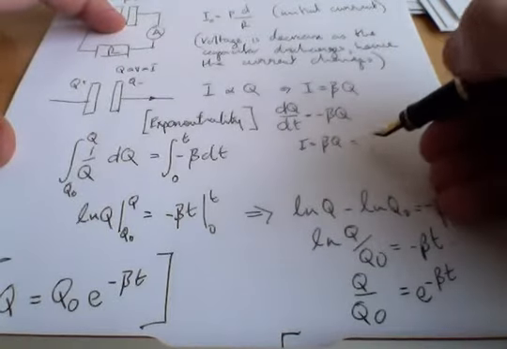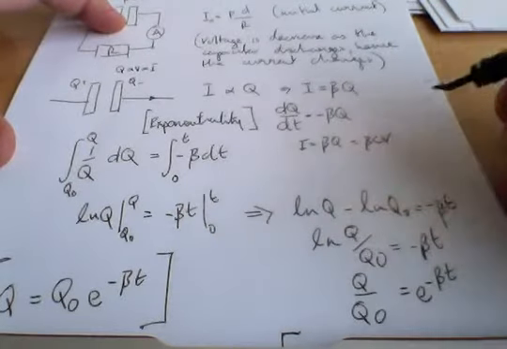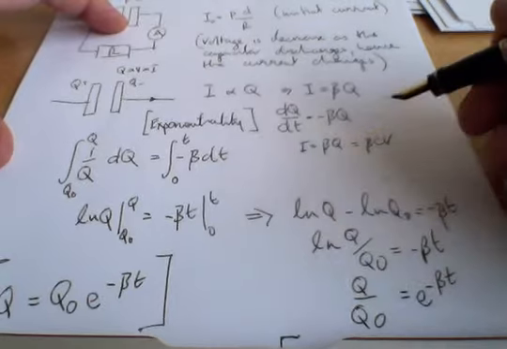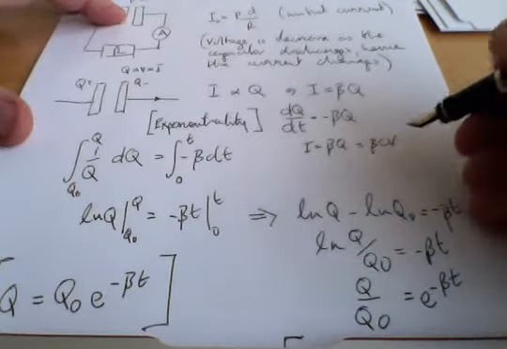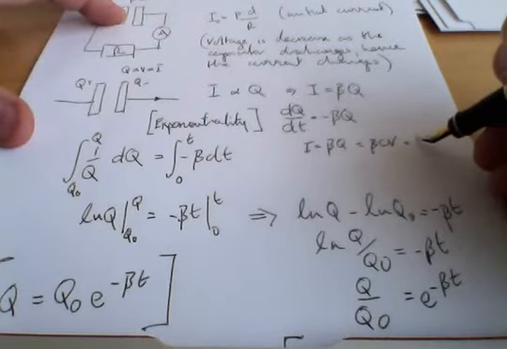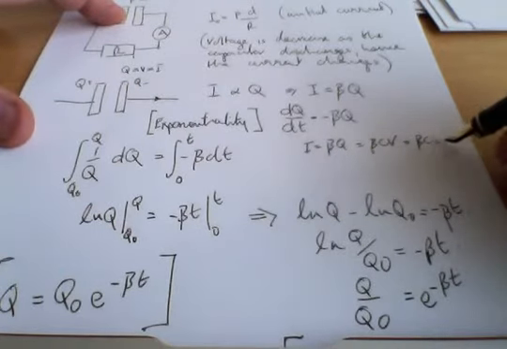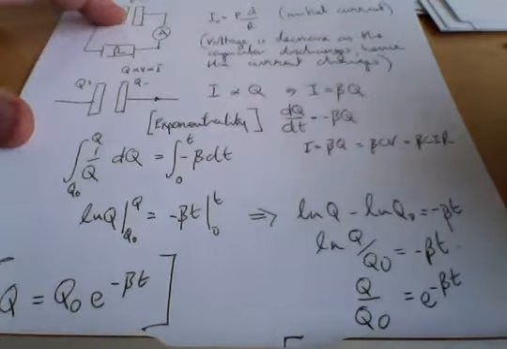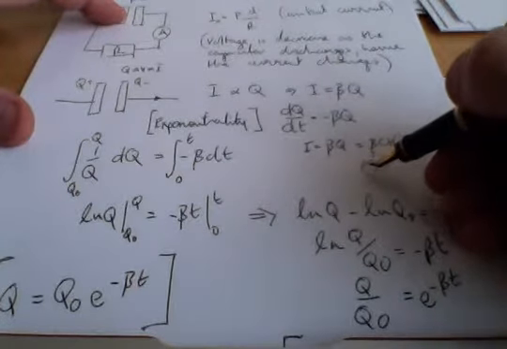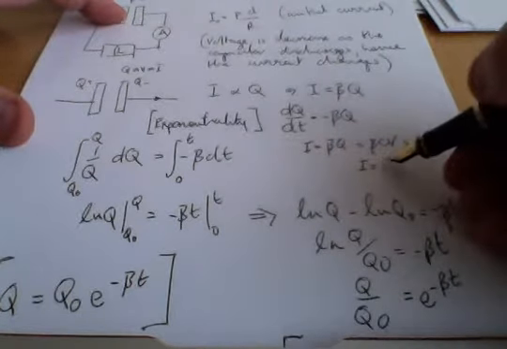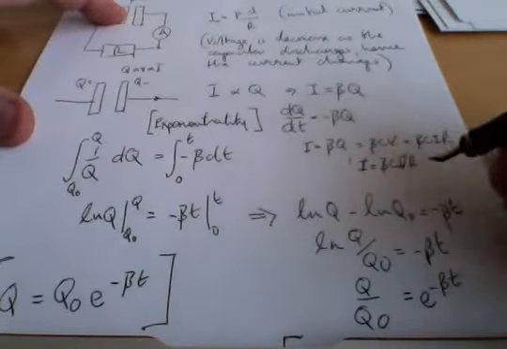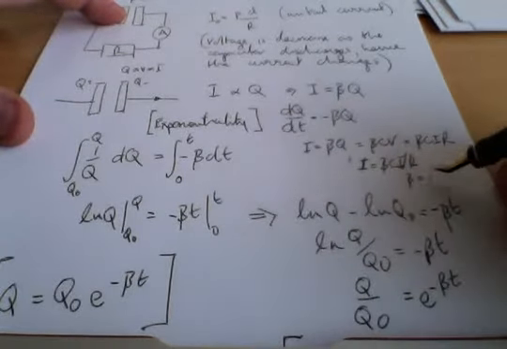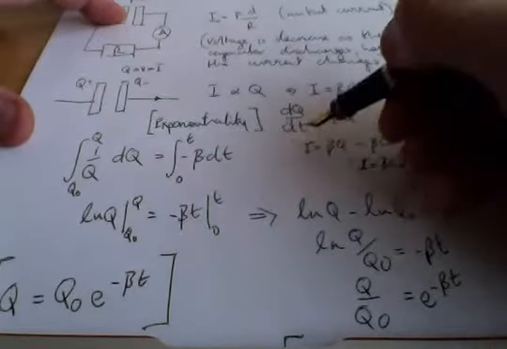Q is CV. We know that from our other relationship on capacitance. I also know that V is equal to IR. So what I could be writing is I equals beta CIR. Gives us 1. Beta is 1 over RC.